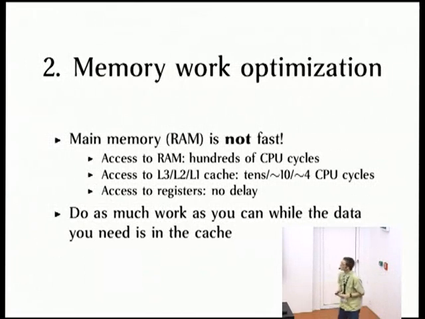But if you consider that accessing RAM costs hundreds of CPU cycles and compare it to access to some level of cache, you find out that accessing cache is much cheaper, and it's worth optimizing your code so that it first processes the data it has in cache, and when it is done, then moves to other data, which it can load from memory.